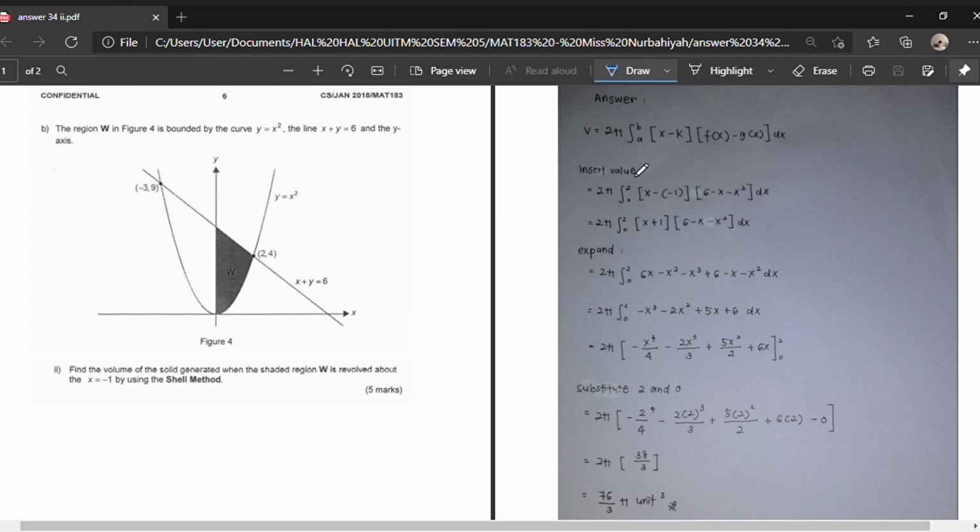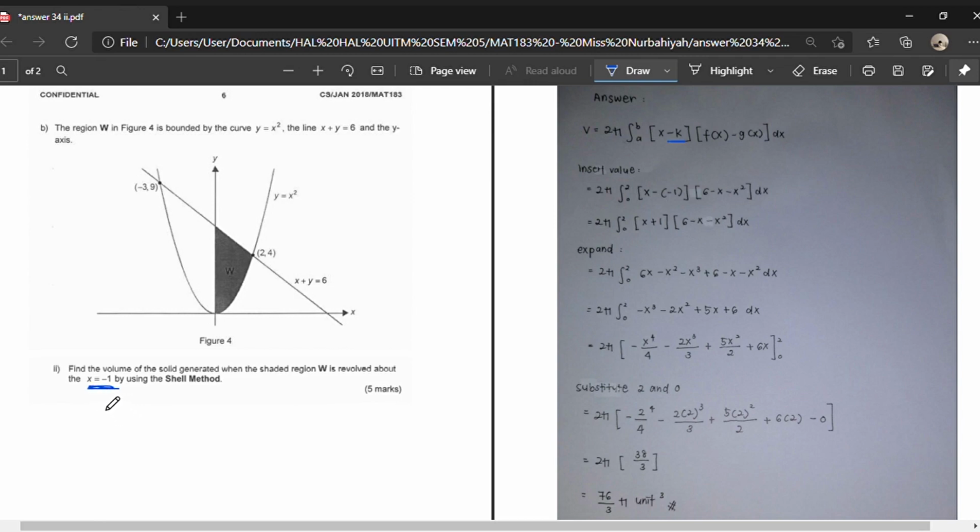As you can look for the formula, we need to find the value of k. So how to find the value of k? We look back at the equation. They already stated the value of k, which is x equal to negative 1.